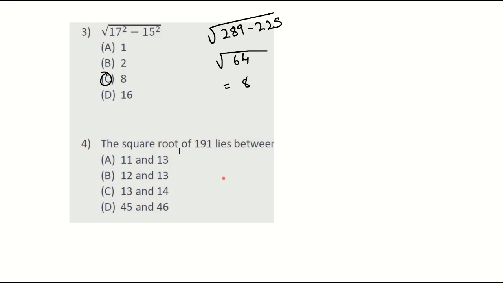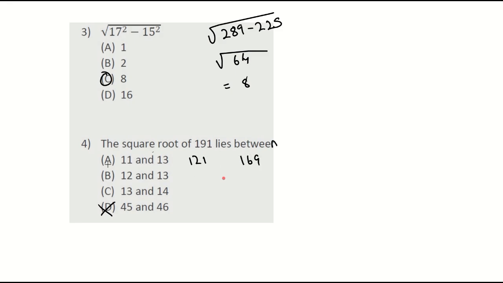Right, the square root of 191 lies between. Now for this question here, you need to know what all these squared. First of all, 45 squared and 46 squared is not going to be this low of a number, so it will not be D. Right? 11 squared is 121 and 13 squared is 169.